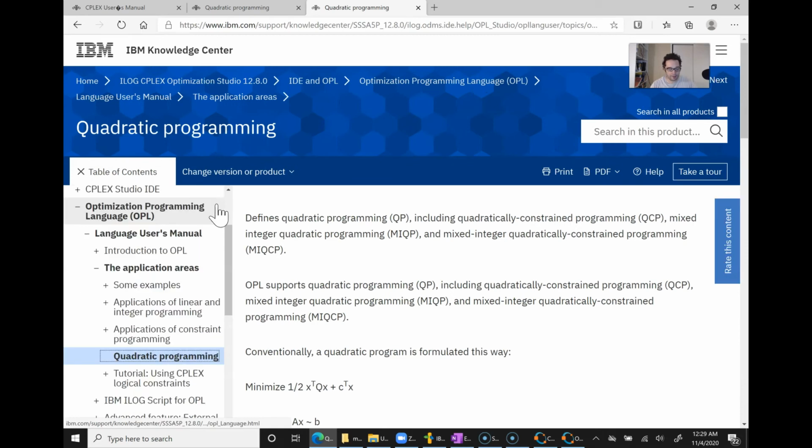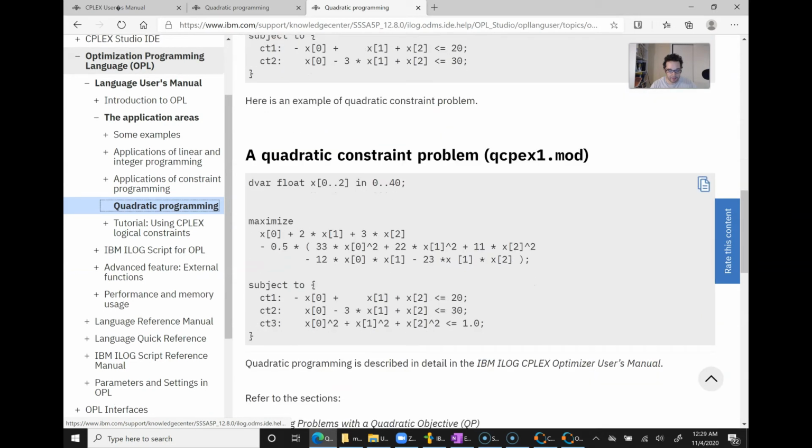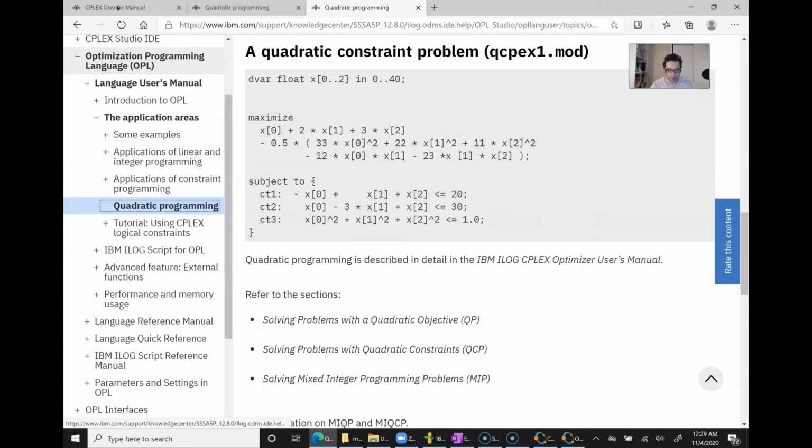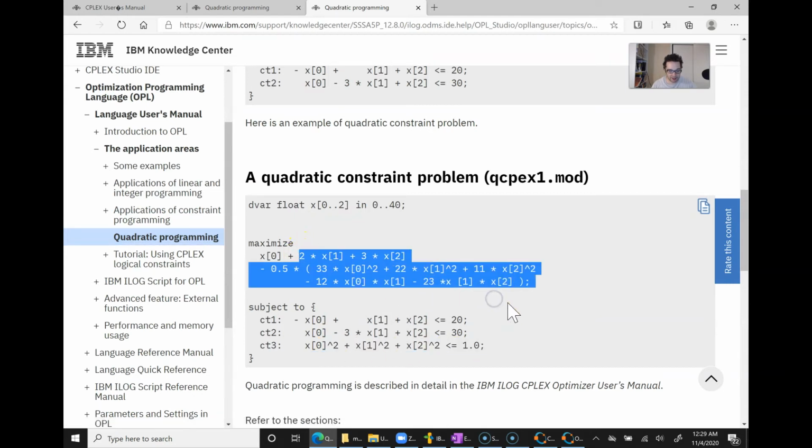Again, I think it's very unfortunate. IBM this past year got rid of their help forums, and they also changed the format at which their manuals are listed. Okay, but here you can see they have an example of a quadratic program and a quadratic constraint.